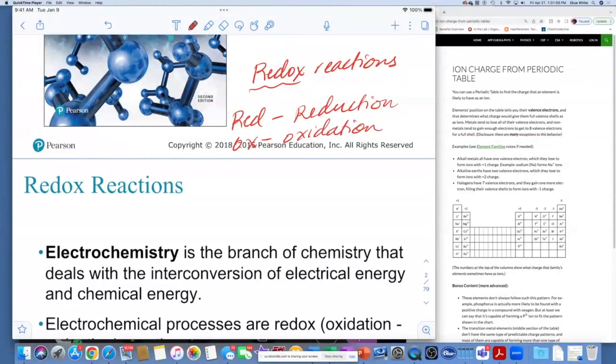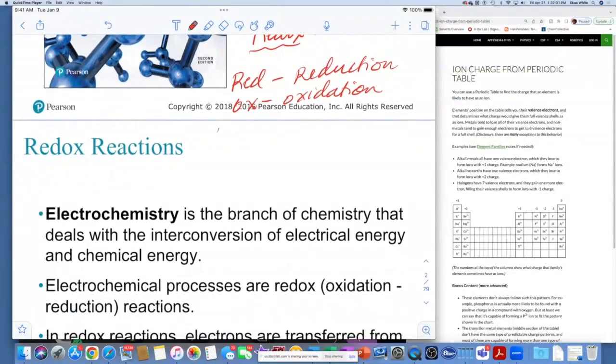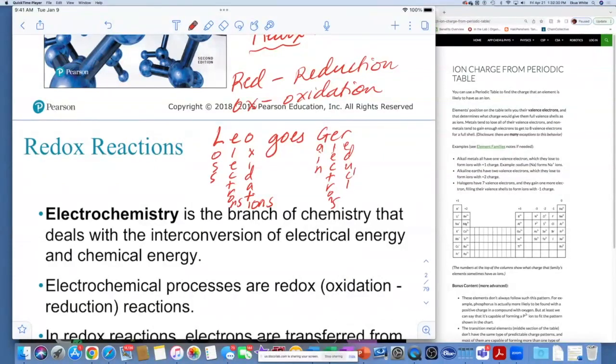I didn't really talk about LEO goes GER in this week's lecture, but anyway, remember LEO goes GER from 1411, where it says loss of electrons is, ooh, I can't spell, oxidation. It's hard to write vertically like that. And then gain of electrons. So gaining electrons is reduction, right? I probably should have written it somewhere, but you all know how random I am, so here it is.